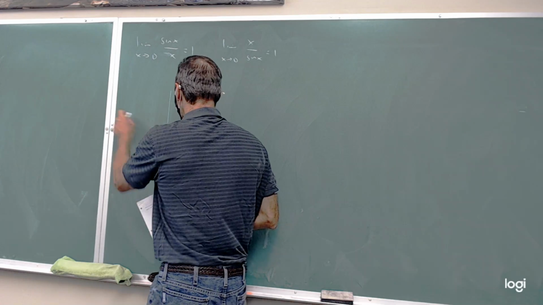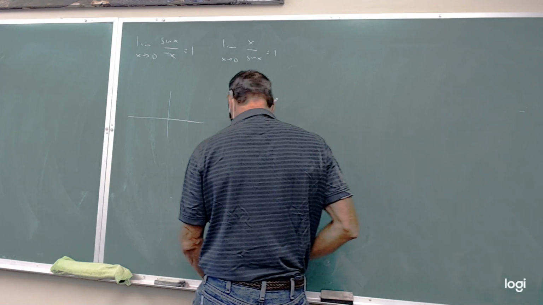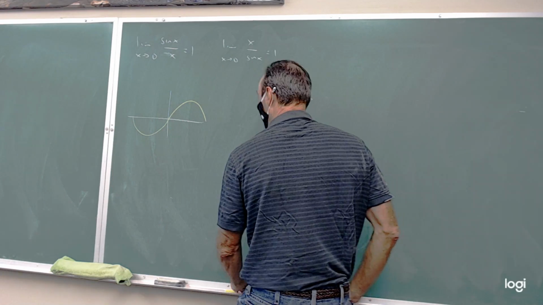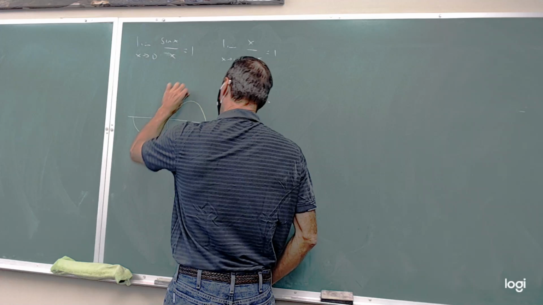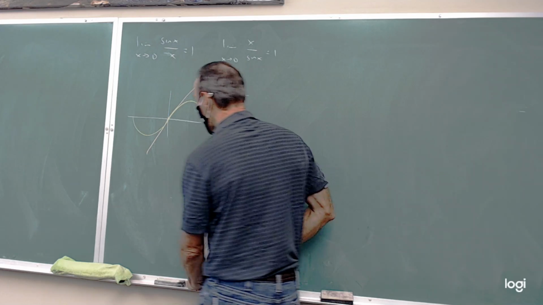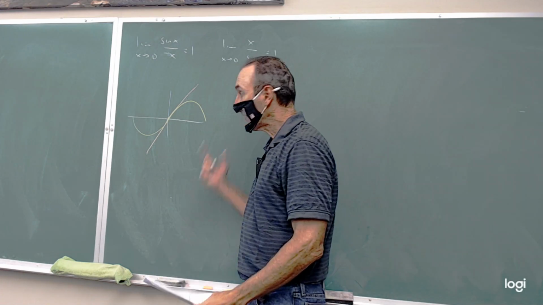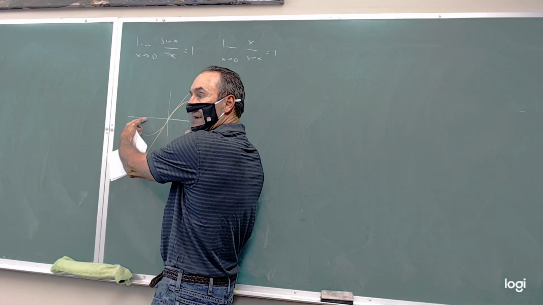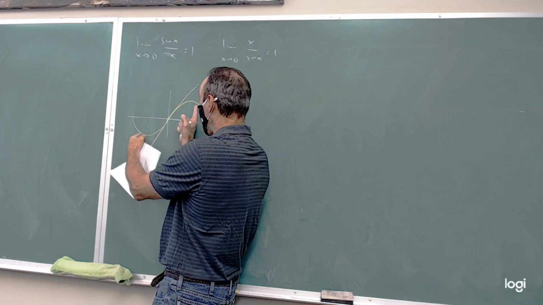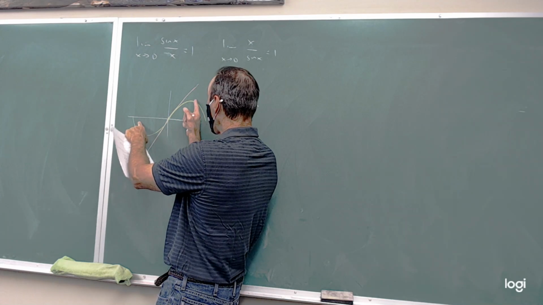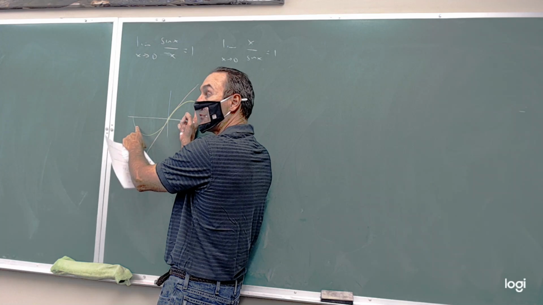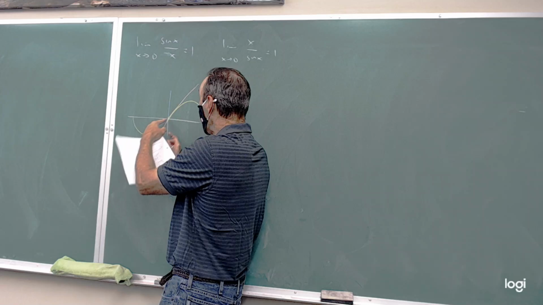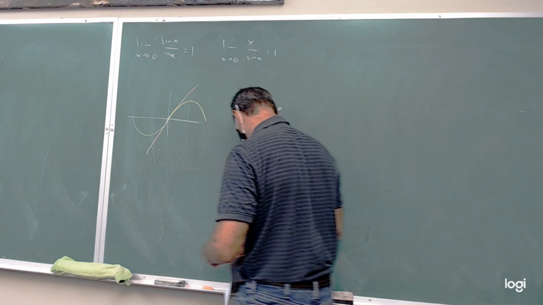So in a sense, if you look at your sine curve, which does something like that, and you look at the line y equals x, which looks like that, what this really is saying is, as you plug in values of x that approach 0 from both sides, these 2 curves, which are very different out here away from 0, really act exactly the same when you get really close to 0.